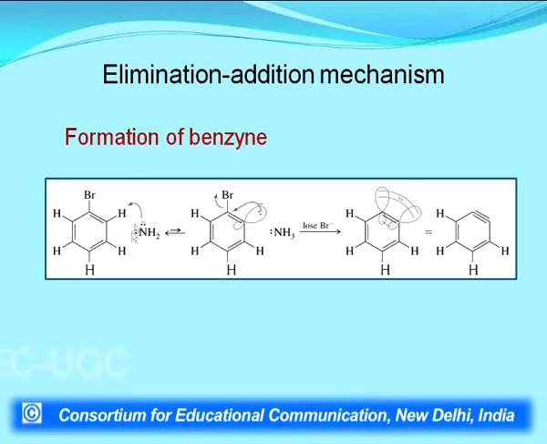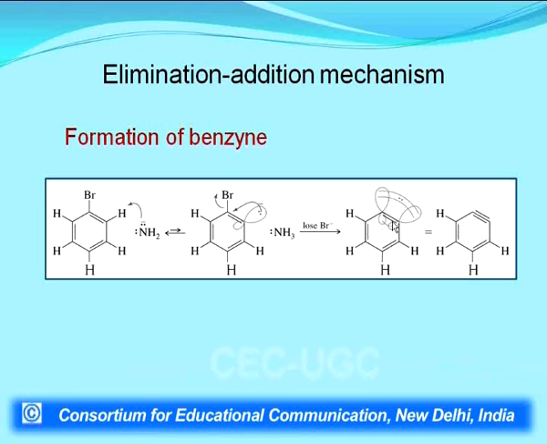This amide ion does not capture this hydrogen or this hydrogen; it captures the hydrogen which is on the next carbon to the halogen, that is on this side or on this side. So, this is the orbital which now uses this pair of electrons, and this is lost. After the loss of this, this is the p orbital, again the orbital on this carbon. Now, these are the two orbitals which were earlier used for the formation of sigma bonds, one with this hydrogen, one with this bromine, and these are the orbitals which are present in the plane of this ring.